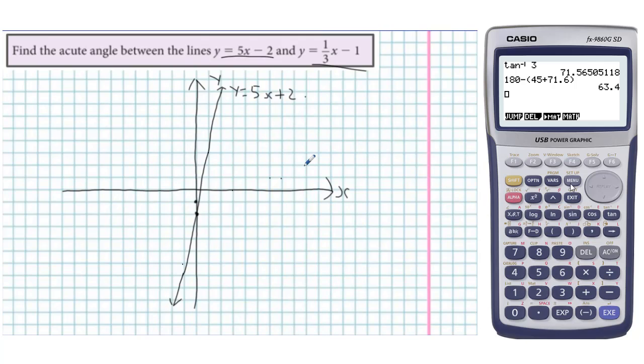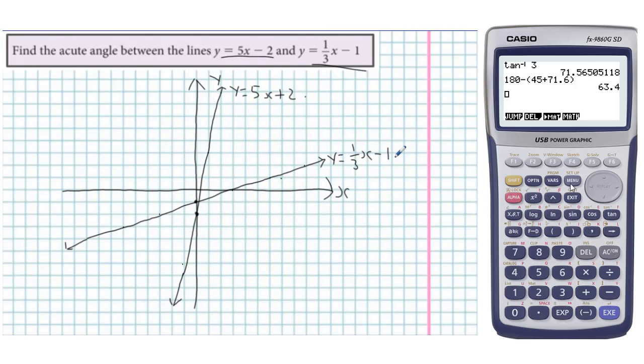If we go backwards from there, 1, 2, 3, and 1, and so on. So a nice line through there. And that is y equals a third of x minus 1.